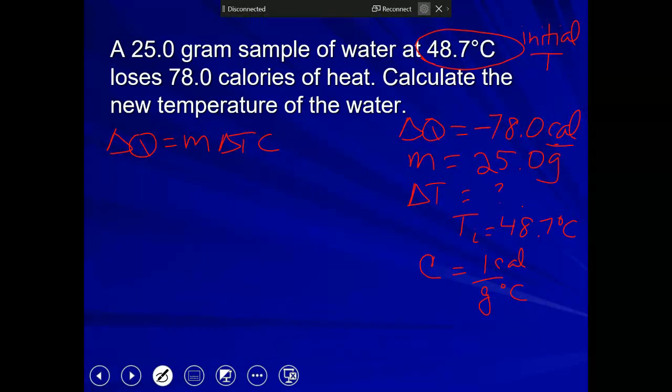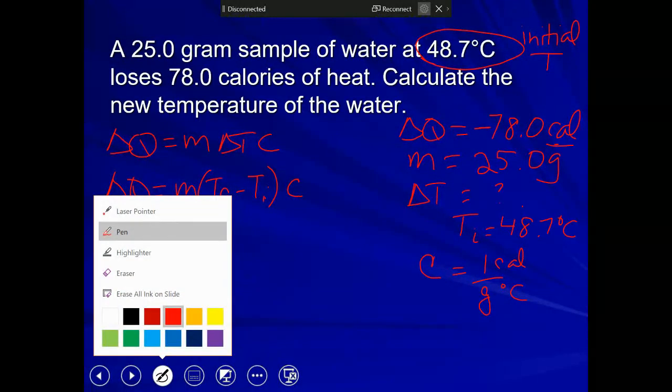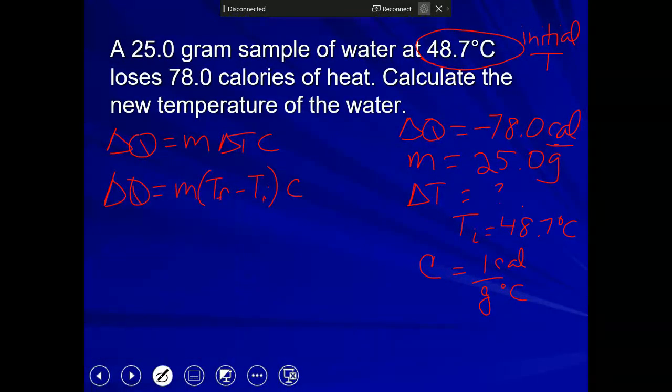So what I need to do here is split that delta T into T final minus T initial. So this is really delta Q, change in Q, is equal to M times (T final minus T initial) times C. Now, if I am solving for the final temperature, first I'm going to divide both sides by M and C.